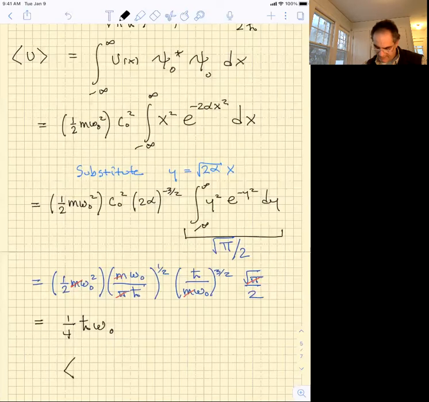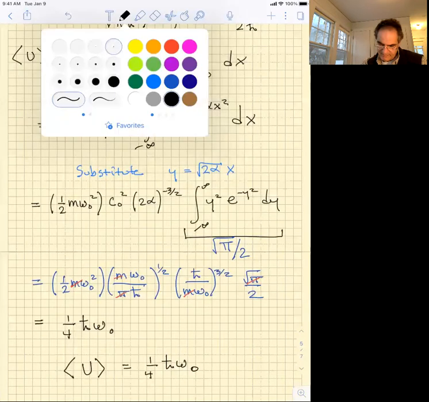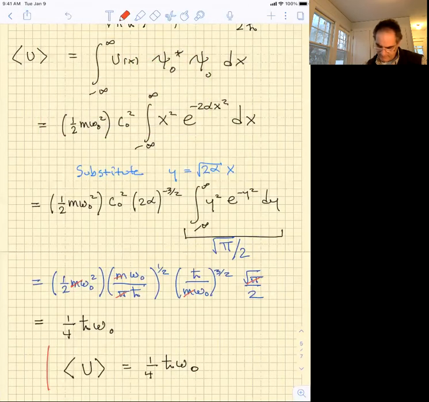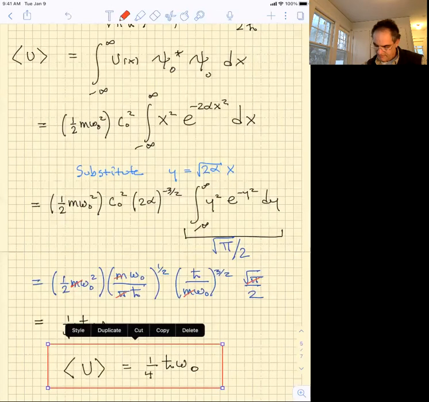So the expectation value of potential energy for the lowest state of the harmonic oscillator potential is 1/4 h bar omega naught. So it's not zero at all.